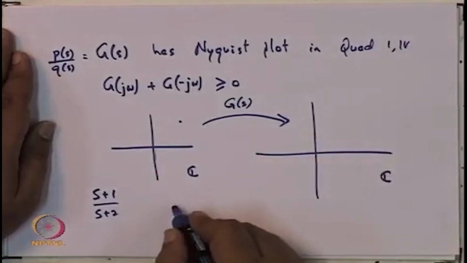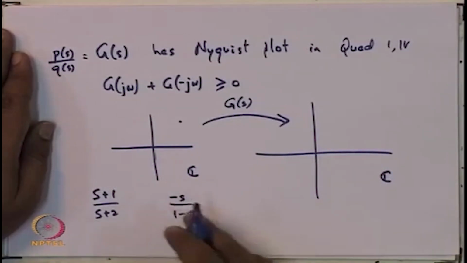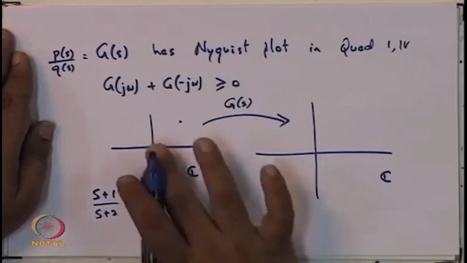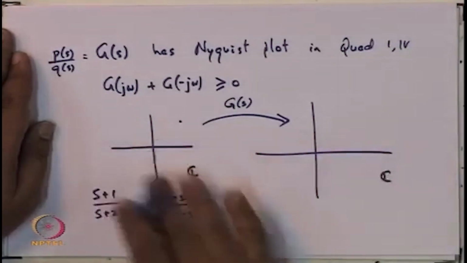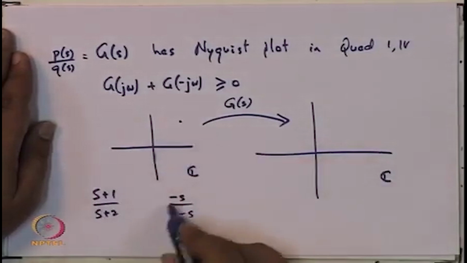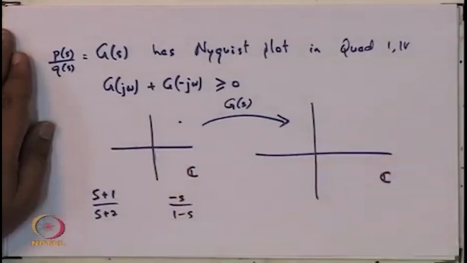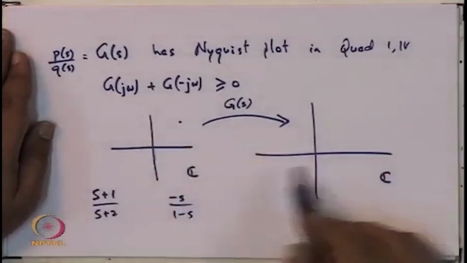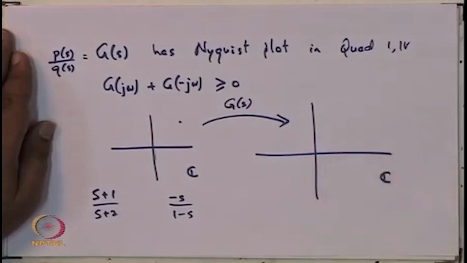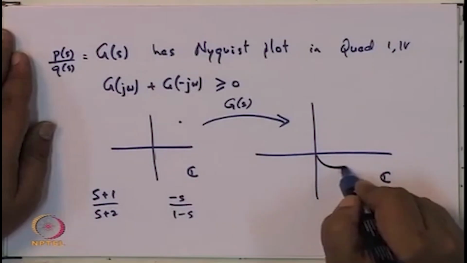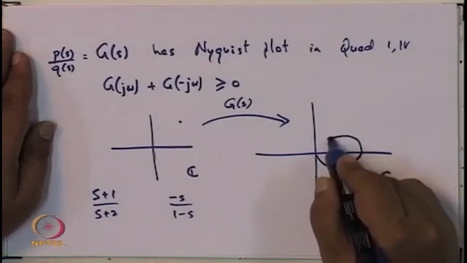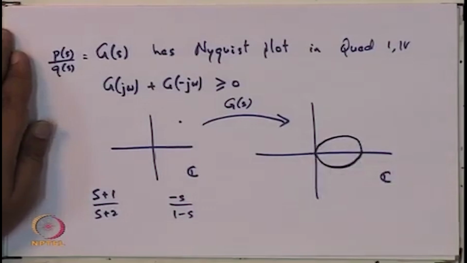If you look at minus s upon 1 minus s, this was also an example that I used earlier, and if you take G(s) to be minus s upon 1 minus s and you look at the map, then again the imaginary axis will map to something here. So, for example, in this particular case it will map to something like that.